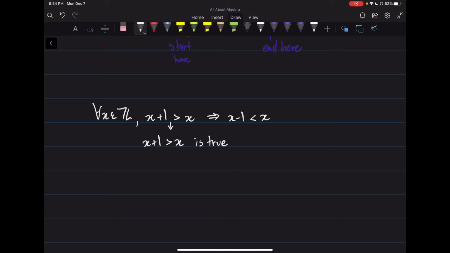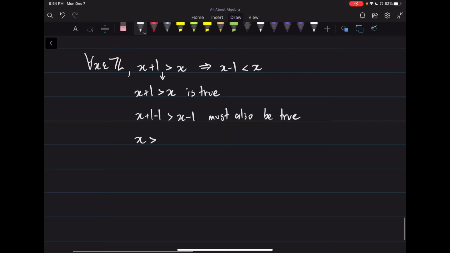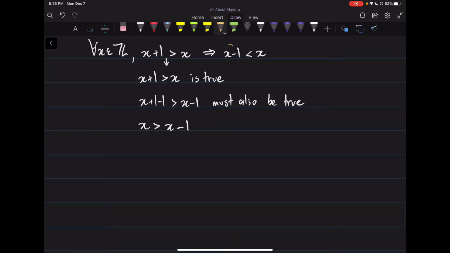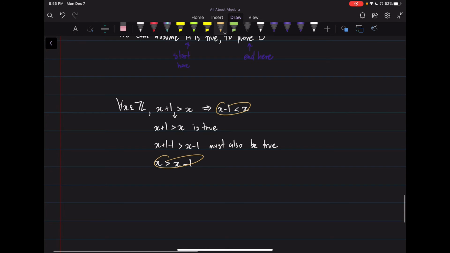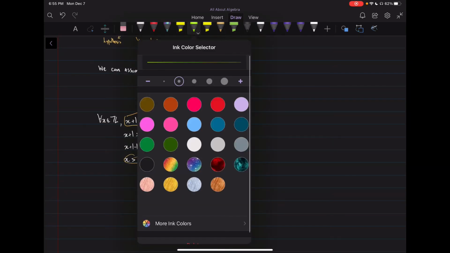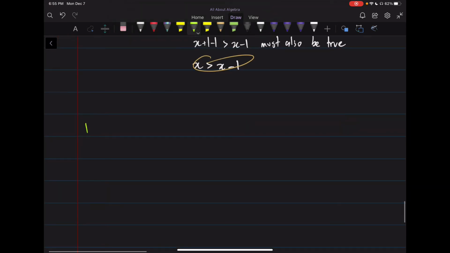So x plus 1 minus 1 gives us x, and x minus 1 must also be true, and if this is true, then that means that x is greater than x minus 1 is true. And that's essentially what we have here. So we've assumed this to be true and proven that this is true. Make sense? Okay. Now we're going to look at proof by contrapositive.